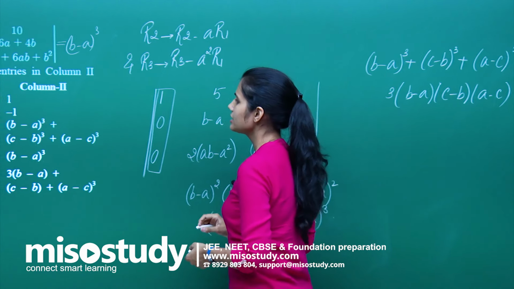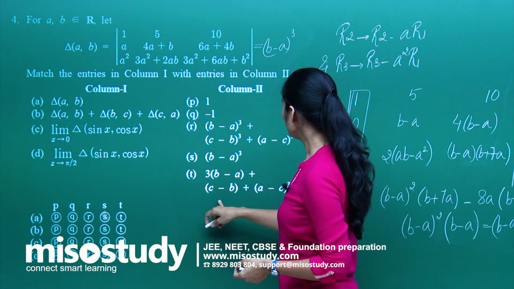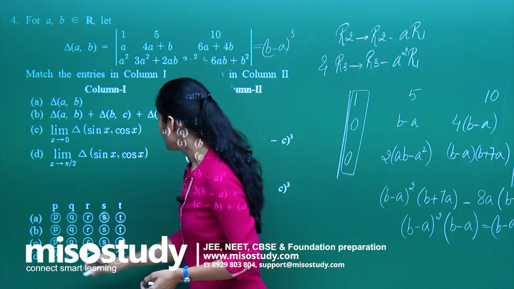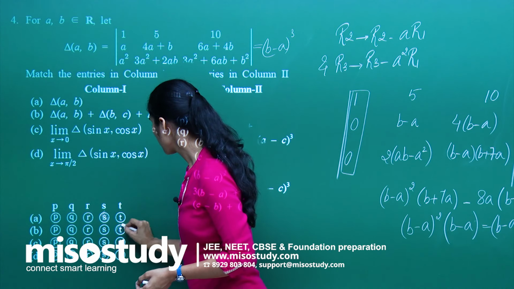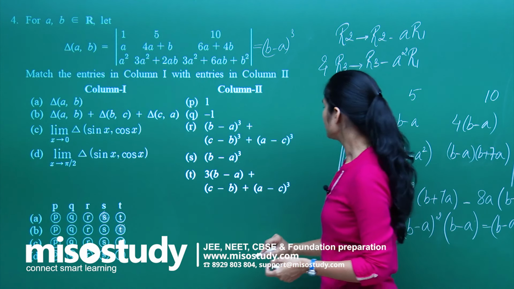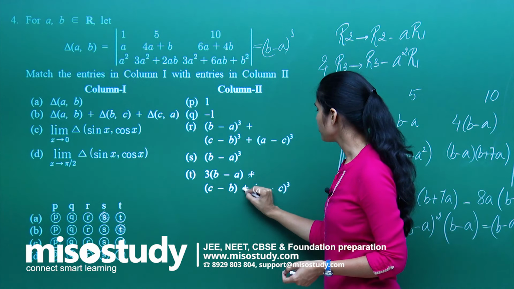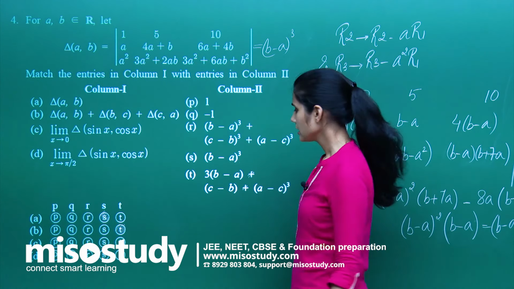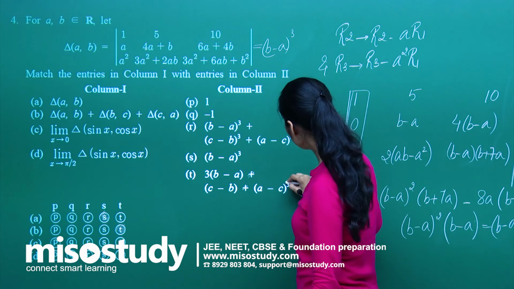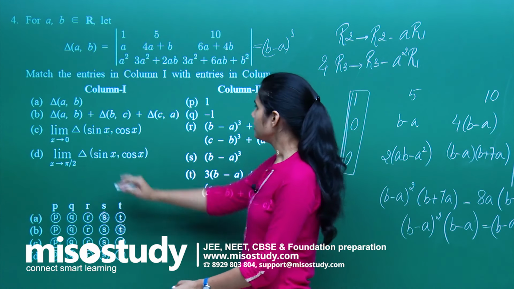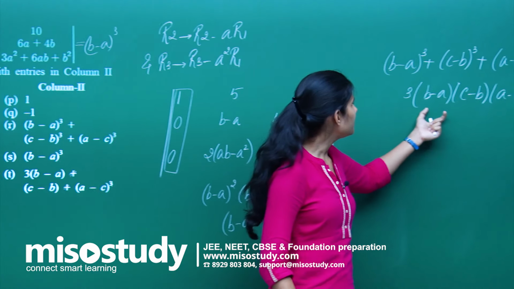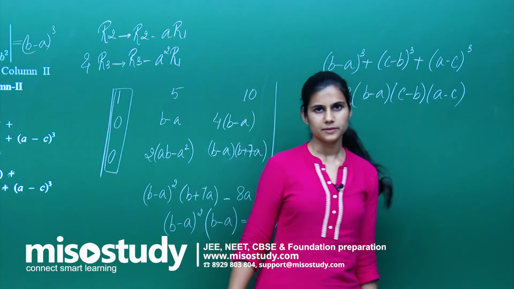Clear? So this expression is coming out to be equal to this. This is T. So B gets matched to T. This is not plus, this is actually multiplication: thrice of b minus a into c minus b into a minus c.